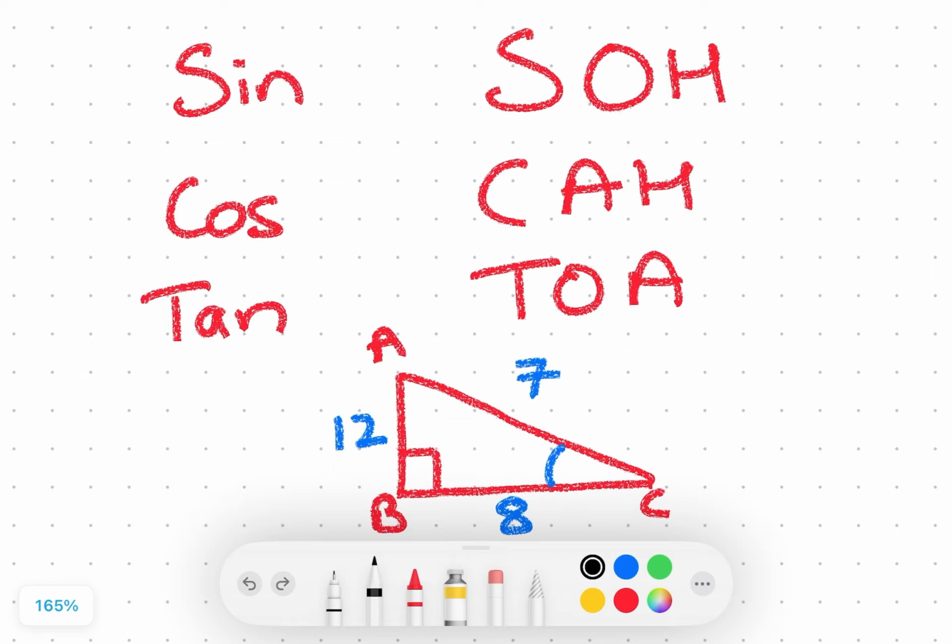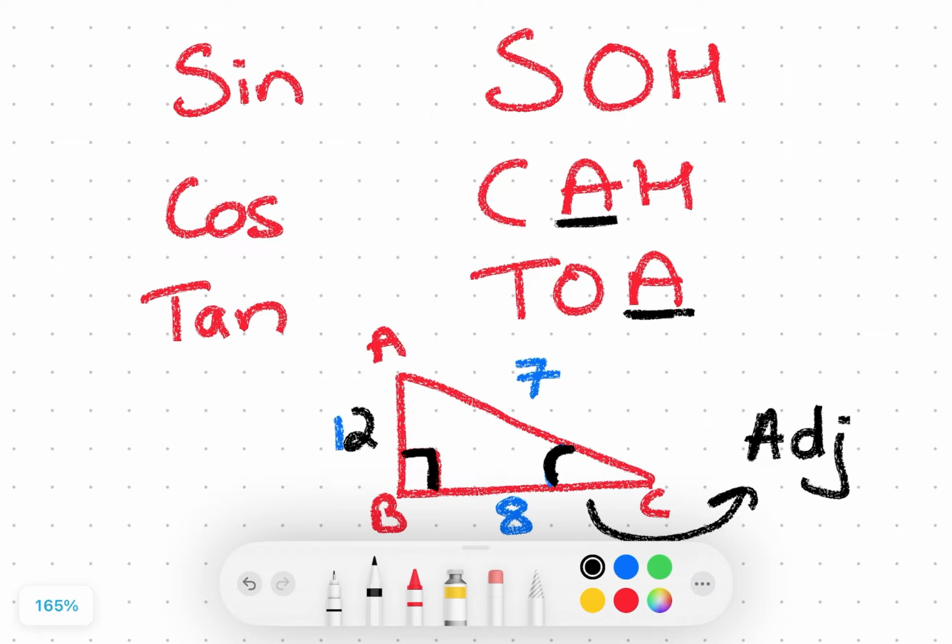Now going further on, we had 12 here. The side between the 90-degree angle and the given or the asked angle, at the moment it's BC, is called adjacent. So the A in SOHCAHTOA refers to adjacent.